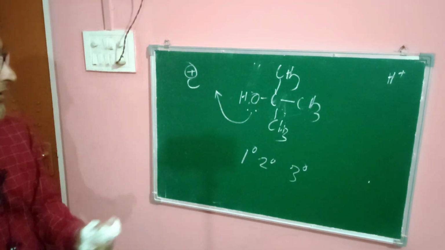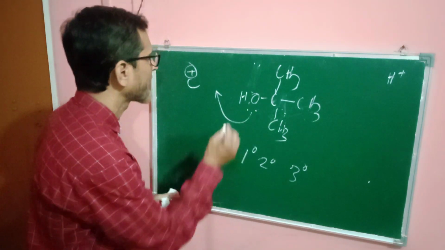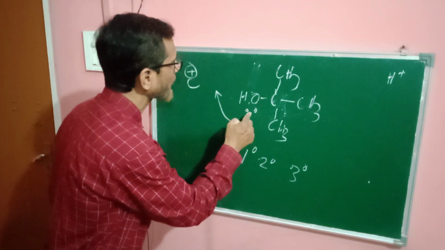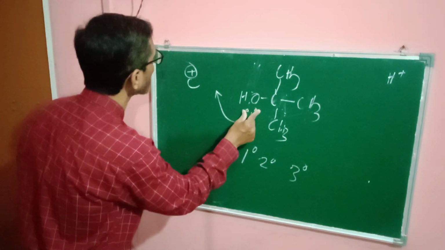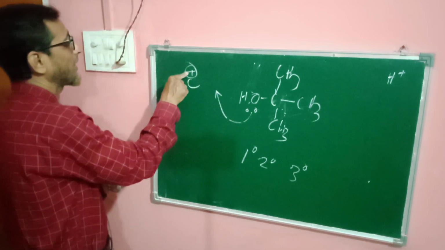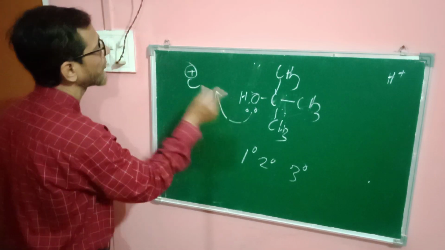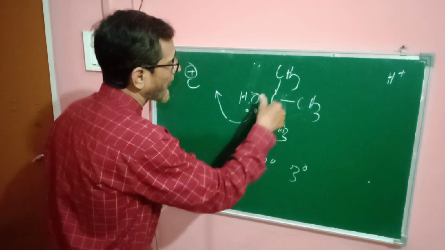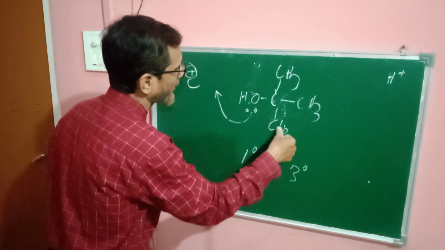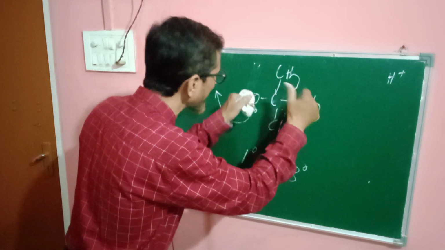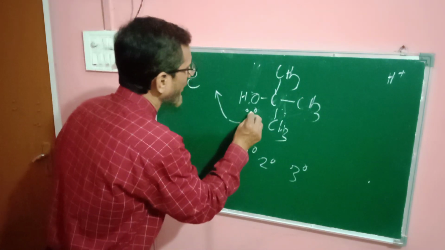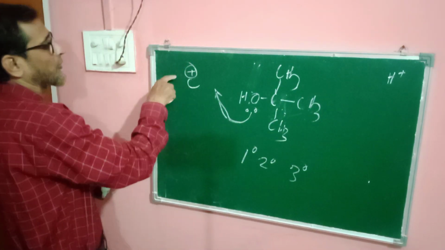If you think, 1 degree is free, with little hindrance for this lone pair to attack the double bond. It is free to move. But when you add one CH3, due to steric hindrance and bulkiness, there is a little problem for this lone pair to attack.